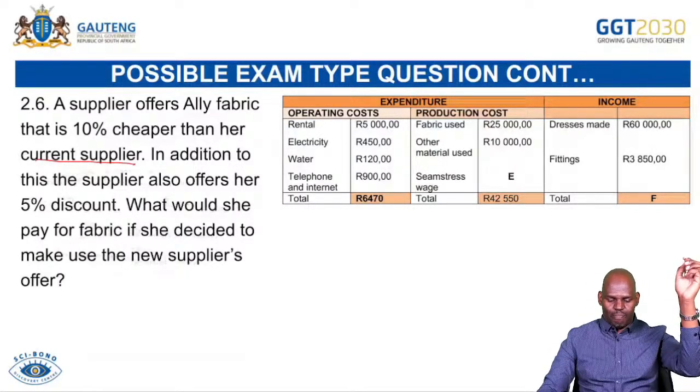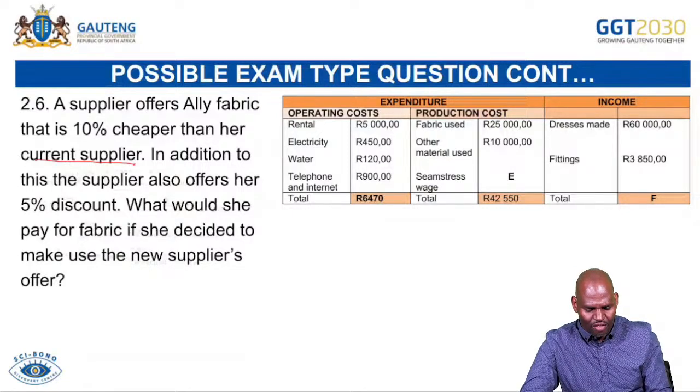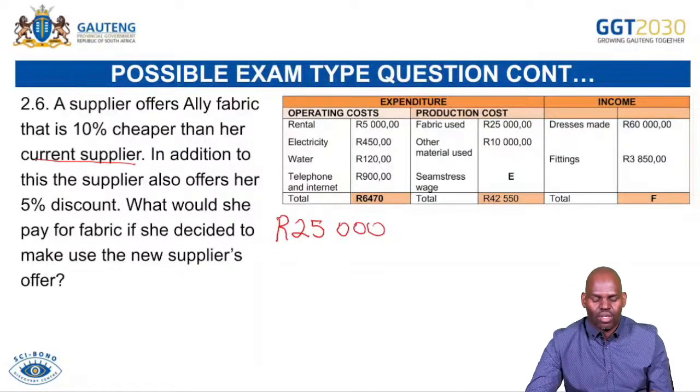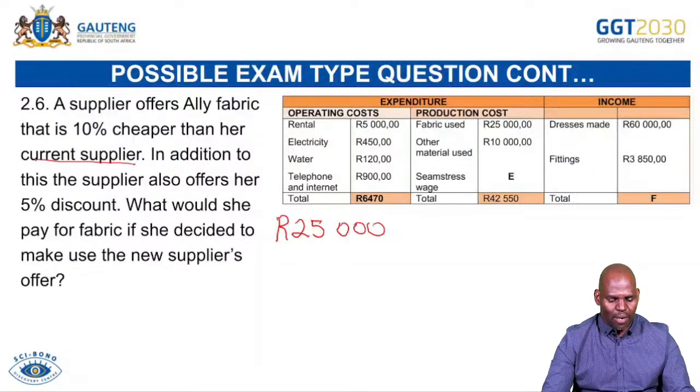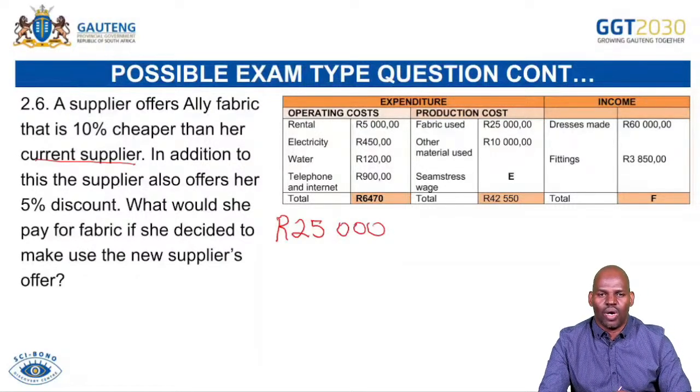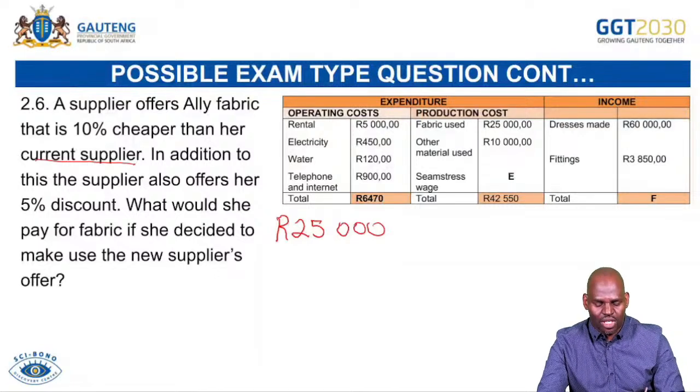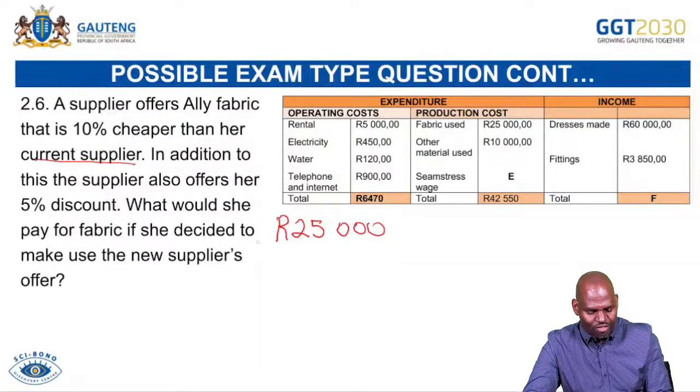Now for the fabric used, we can see that it is 25,000 rand. So a supplier offers Ali fabric that is 10% cheaper than this one. So what is the cost of that fabric? Okay, so now we have to calculate.